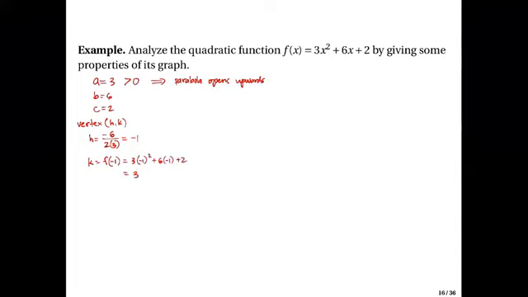So this is just 3 minus 6 plus 2. This is equal to negative 1. So the vertex is at negative 1 comma negative 1. And also the axis of symmetry is the x-coordinate of your vertex. Okay, so this is just x equals negative 1.